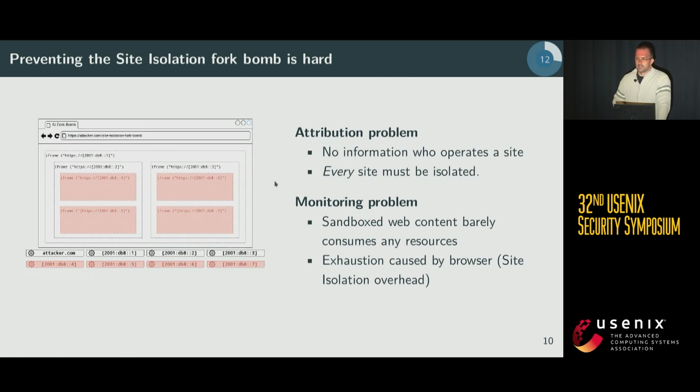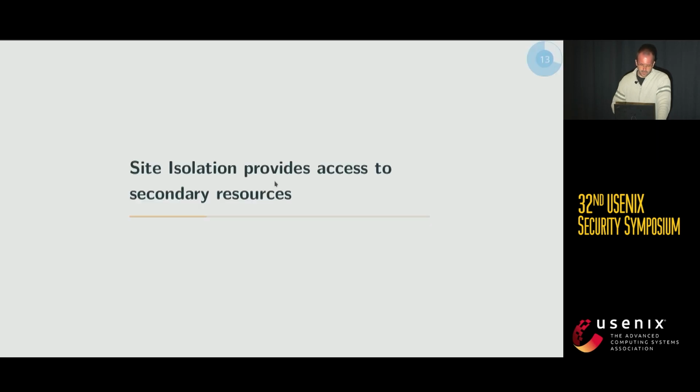The second problem is the monitoring problem. While existing resource monitoring mechanisms can detect resource consumption within the browser sandbox, the attacker website merely contains two iframes, so the majority of the resources consumed are not consumed within the sandbox, but rather by the browser itself, trying to isolate a large number of seemingly unrelated sites.